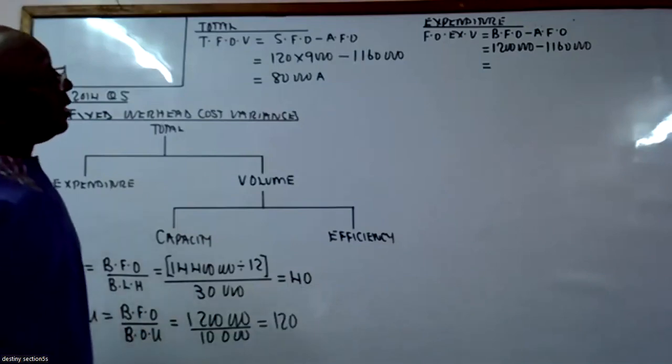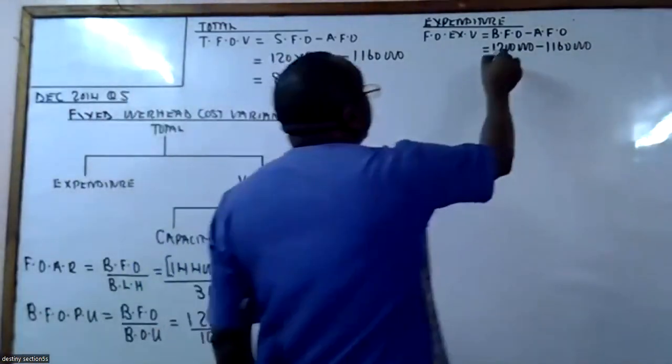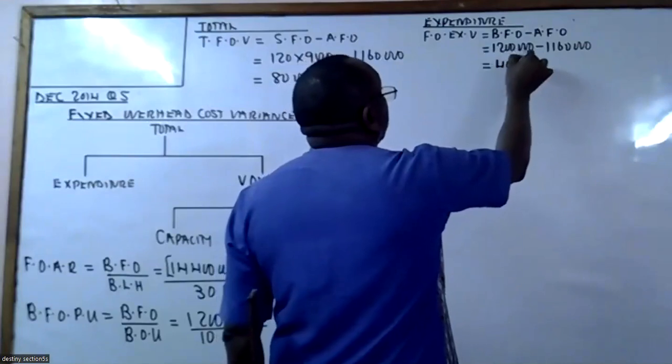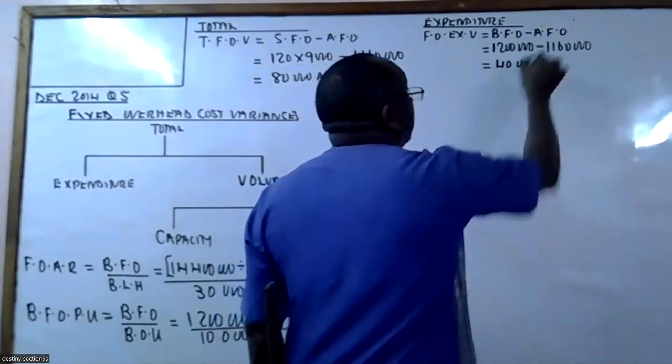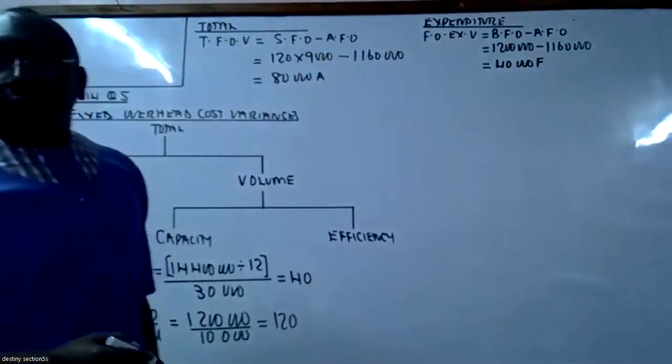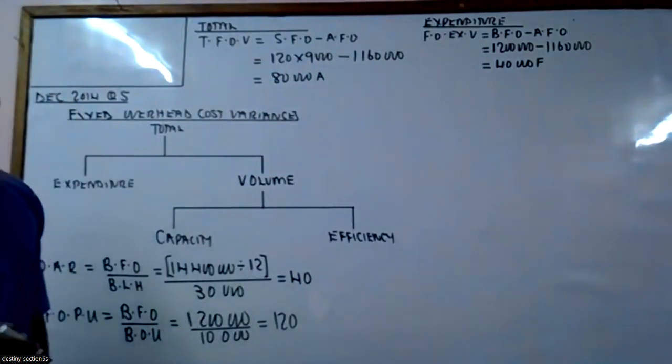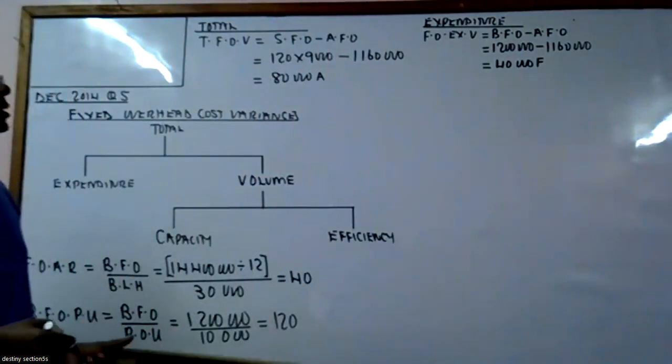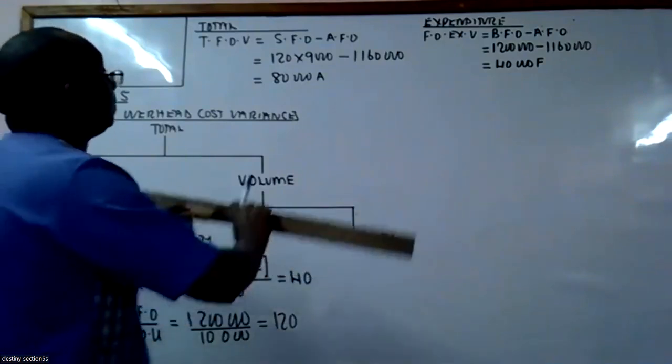So that obviously is 40,000. And this is favorable, because we spent less.